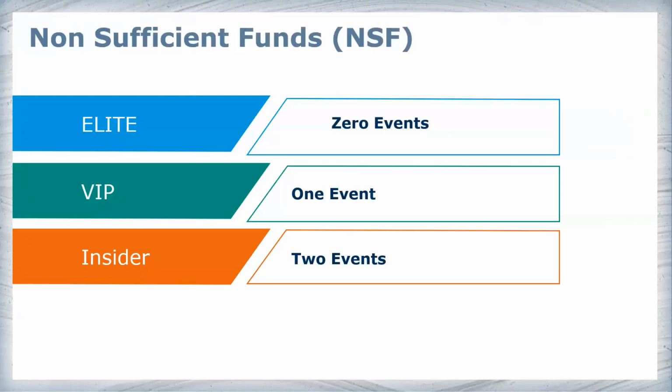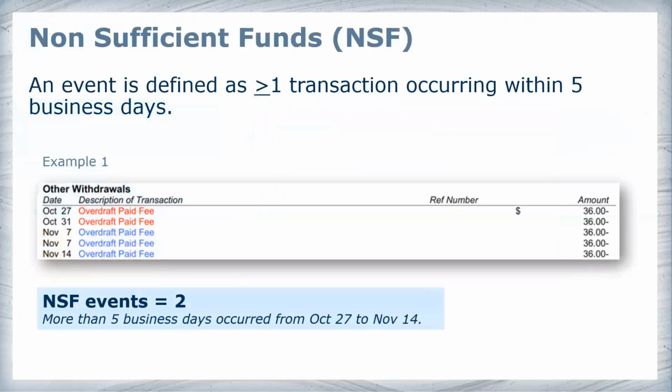So let's look at what that actually looks like. In this example, the borrower had 2 NSF events as more than 5 business days occurred from the first overdraft on October 27th and the last overdraft on November 14th.